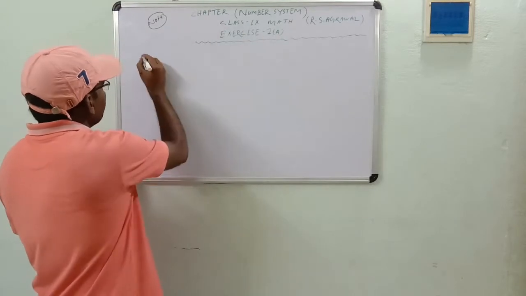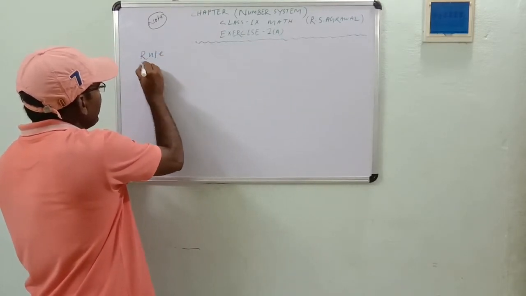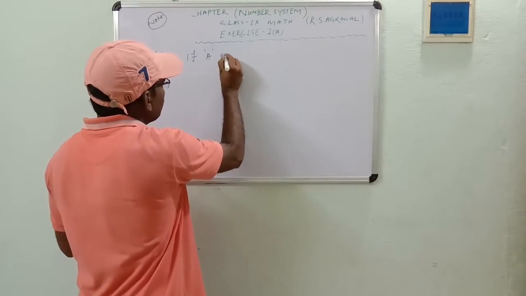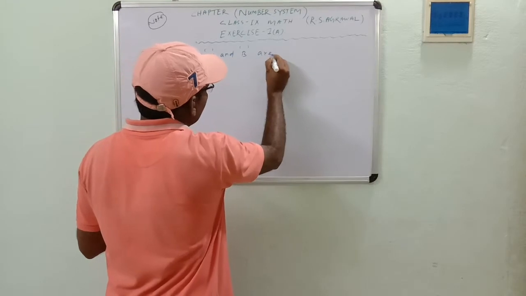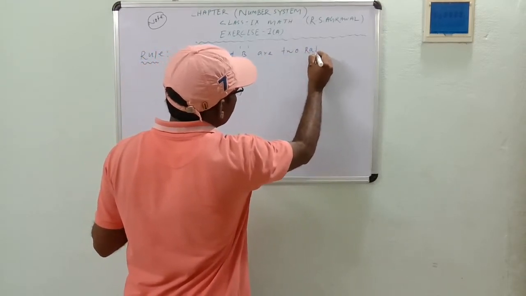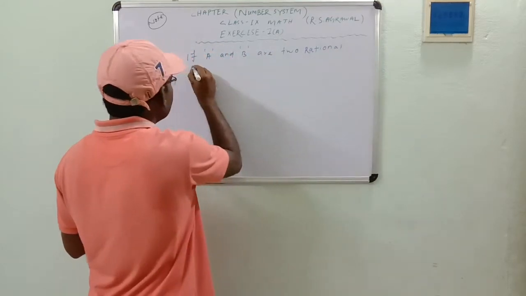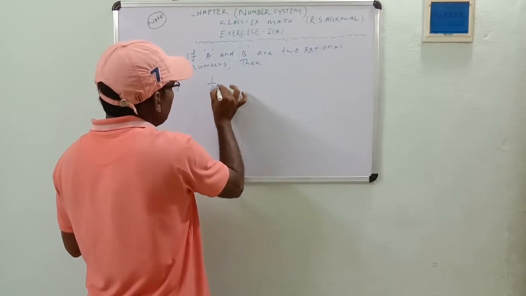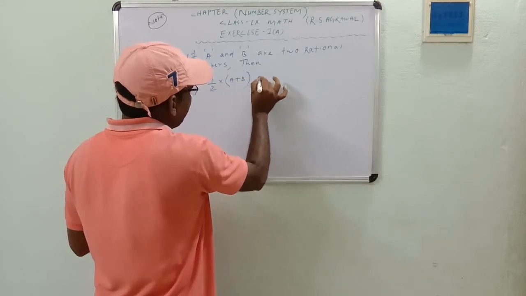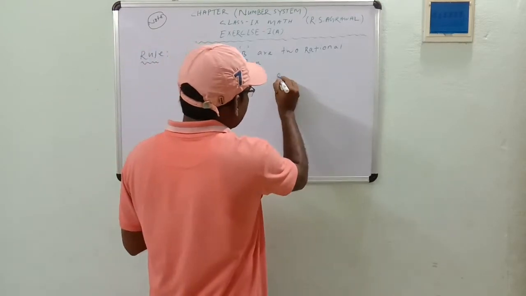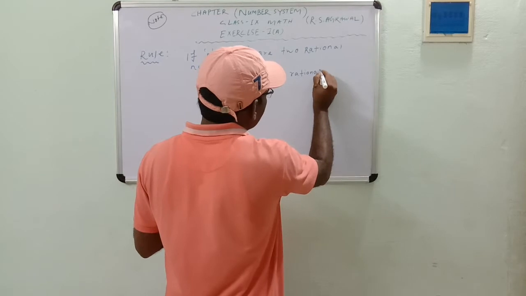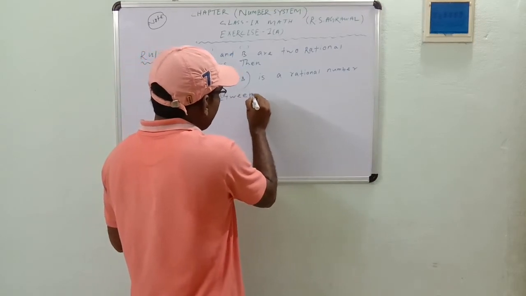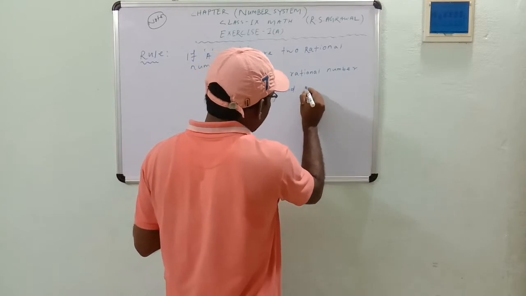The rule tells us that if A and B are two rational numbers, then 1 by 2 into (A plus B) is a rational number between A and B. Between A and B means between your given rational numbers.